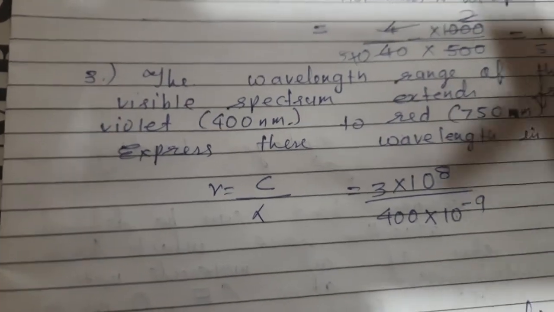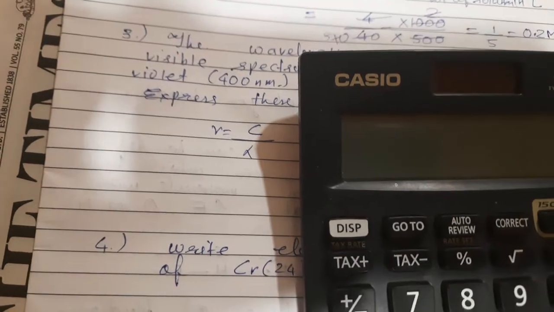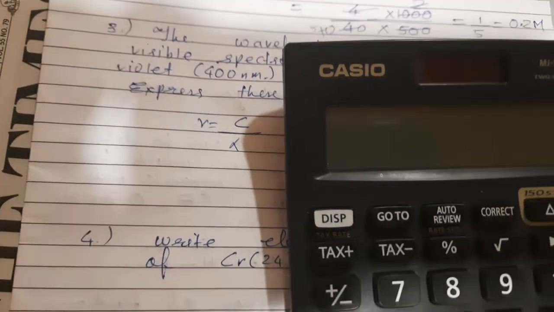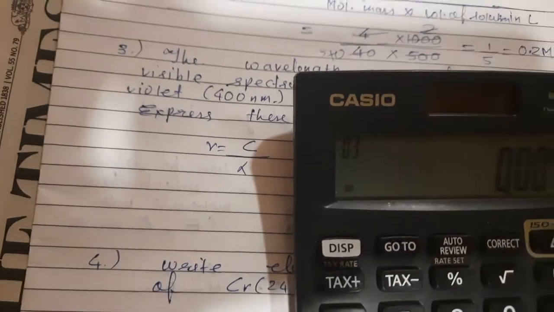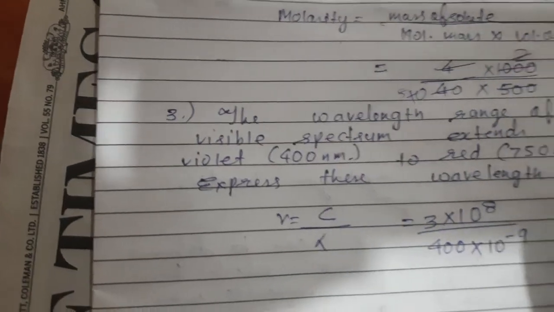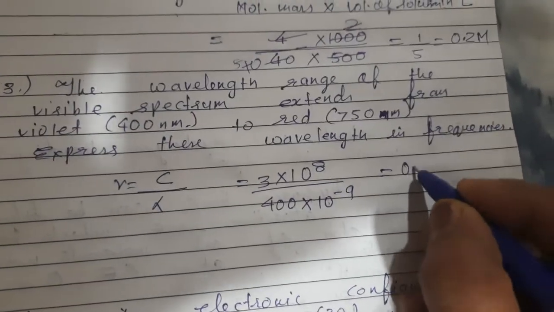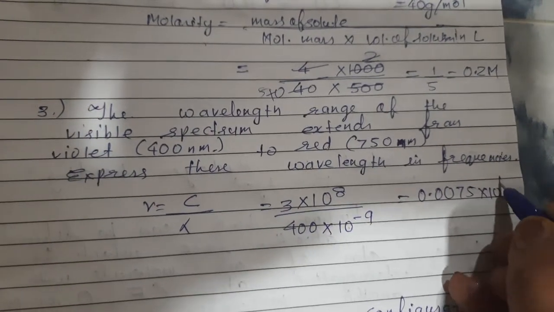So let me divide 3 by 400, it is 0.0075. So we will write here 0.0075 into 10 raised to power 17.